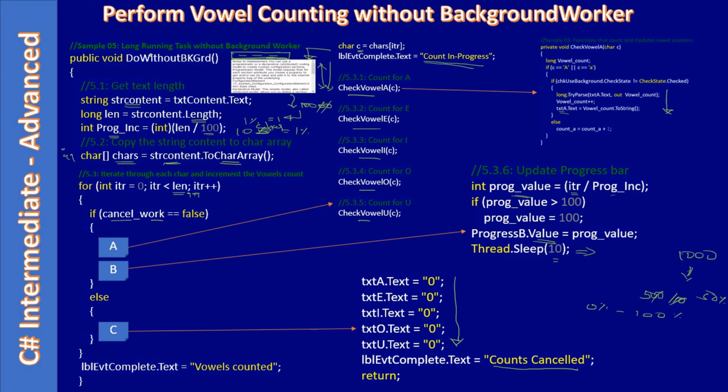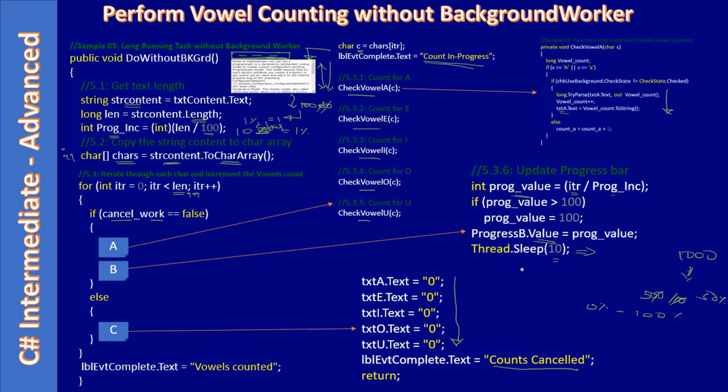So that's all. In do work background, progress bar computation, we read the string content and we converted that into characters. Here we are processing each and every character. In code snippet A, we are making calls to vowel count and updating the count meters.